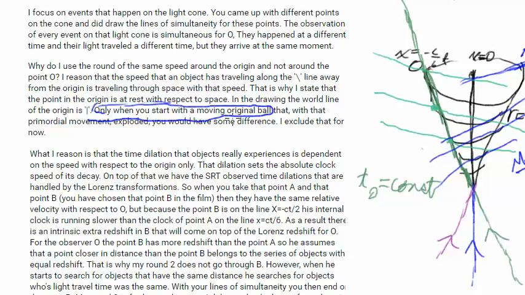If you start with a moving original ball, that means the mass is finite, and you could have that finite mass have an average rapidity, this being the angle of rapidity. I'm sorry, I shouldn't draw it that way. I should draw it this way. Yeah, rapidity angles should be drawn this way.